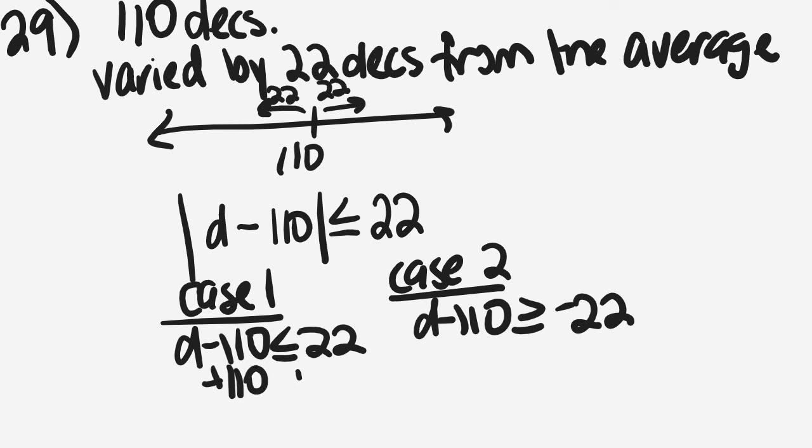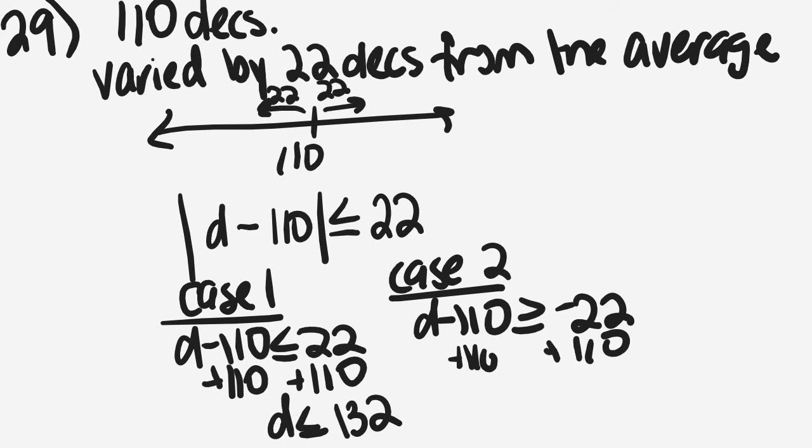Plus 110, plus 110. So D is less than or equal to 132. And then over here we have plus 110 and plus 110, which is going to give us D is greater than or equal to 88.